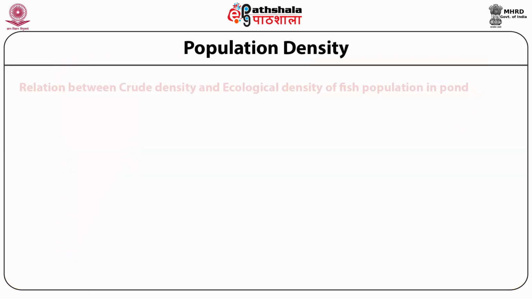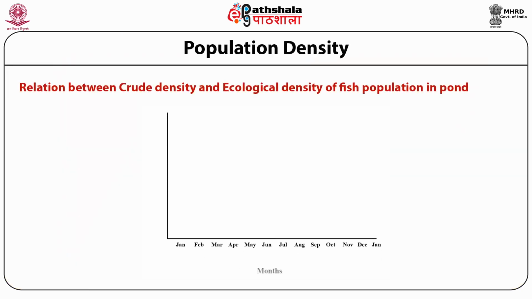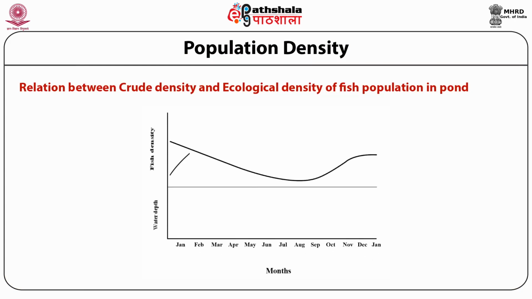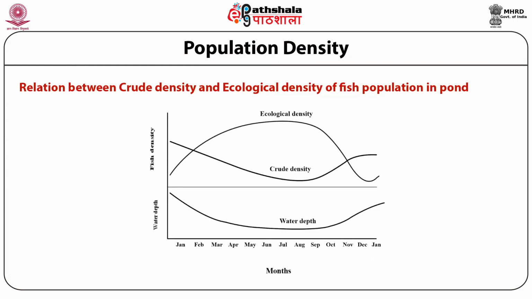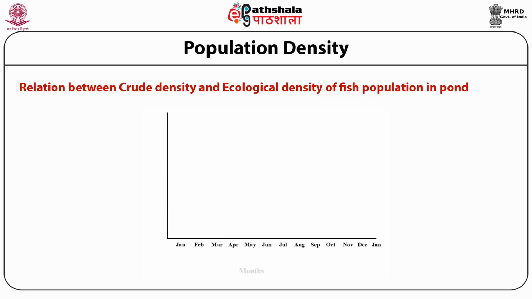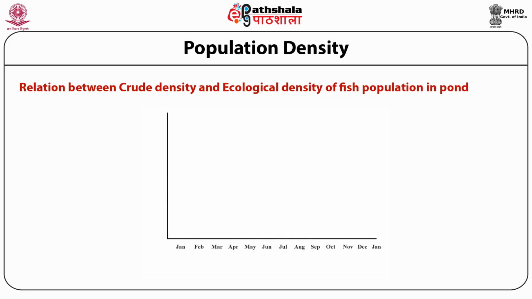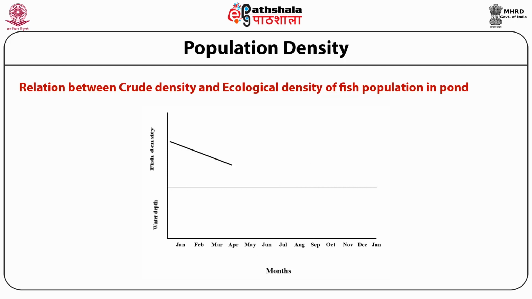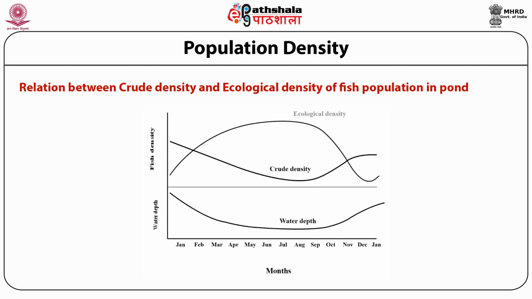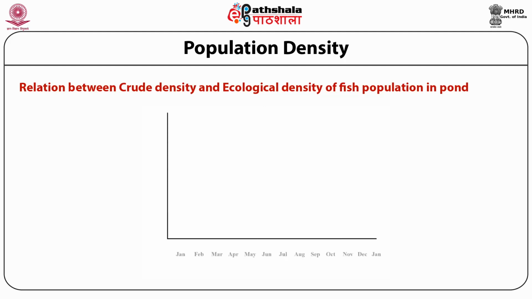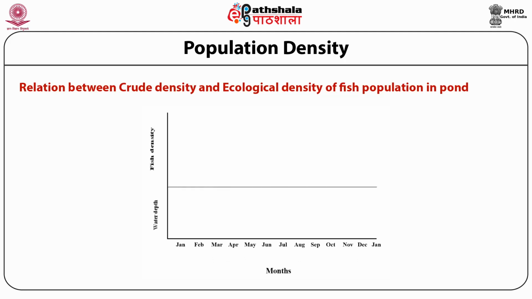The difference between crude and ecological density can be explained by taking the example of a fish density in the pond. The crude density of the fish in the pond goes down as the water level drops during the summer season, but the ecological density in the contracting pond increases as the fishes are crowded into smaller water area.